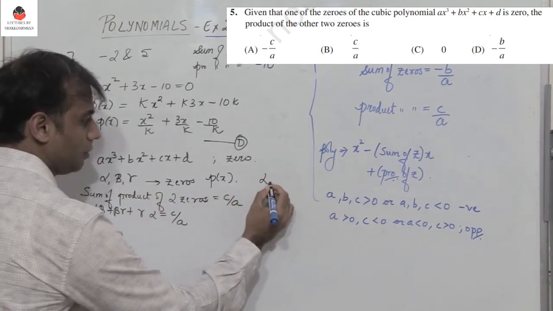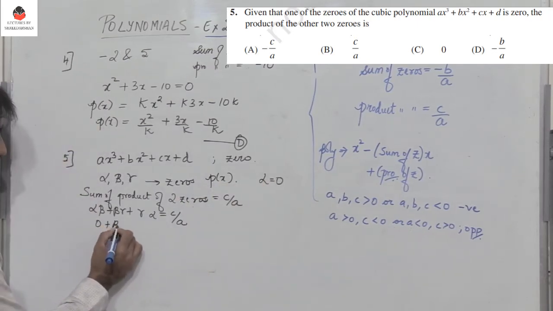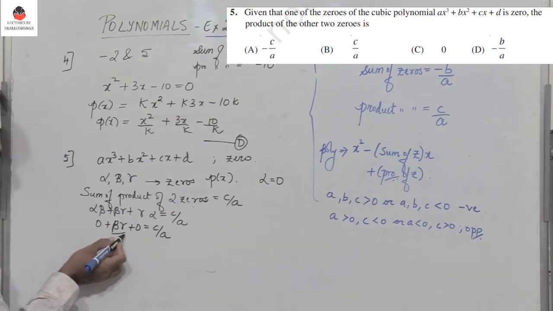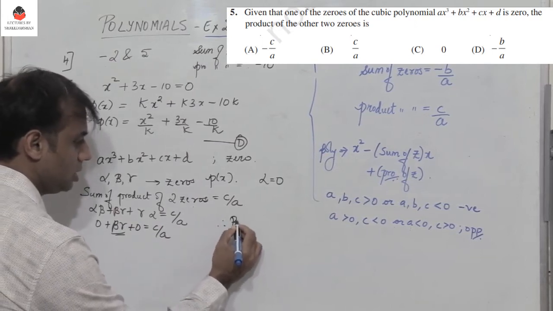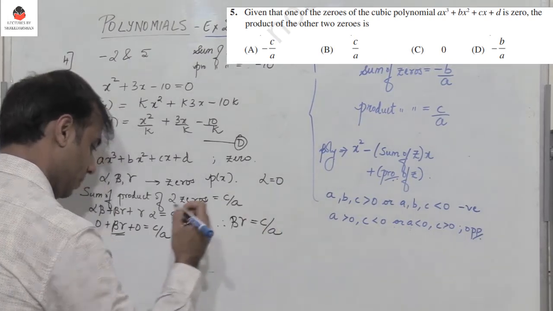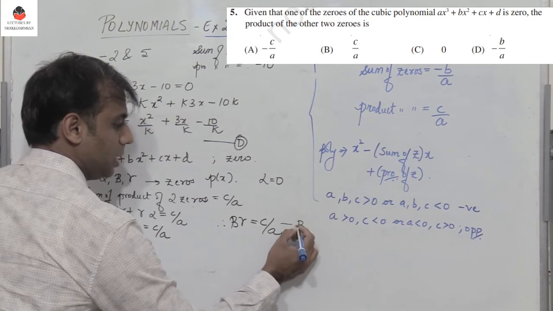So let's assume that alpha is equal to 0. So we have 0 plus beta gamma plus 0 equals c by a. So hence the product of the other two zeros is nothing but c by a. So therefore beta into gamma, the product of the other two zeros, is equal to c by a. So check all the 4 options. So this corresponds to option B.